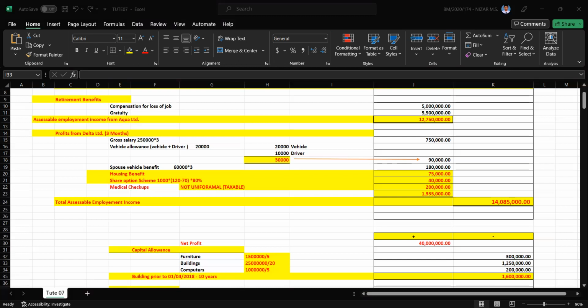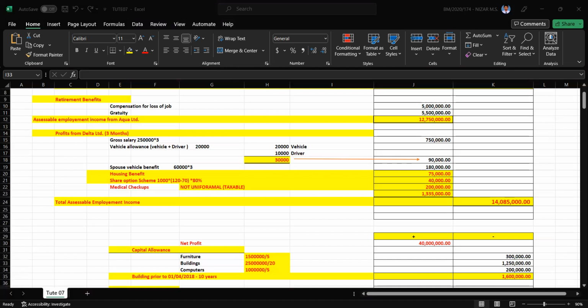Under the employee share option plan, an option has been given to Mr. Sandun to purchase 1,000 shares at 70 rupees, where the market value is 120. The per share benefit is 50 rupees, because if purchased through the market, 120 should be paid, but here he is only paying 70 rupees.